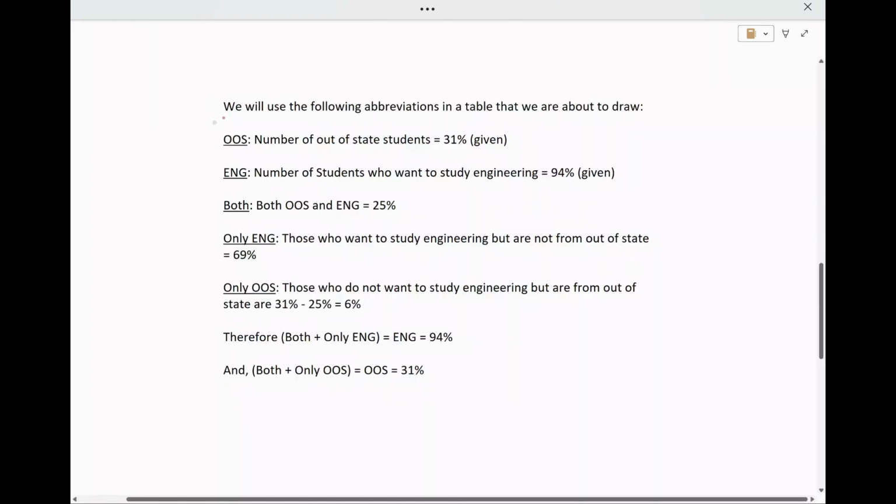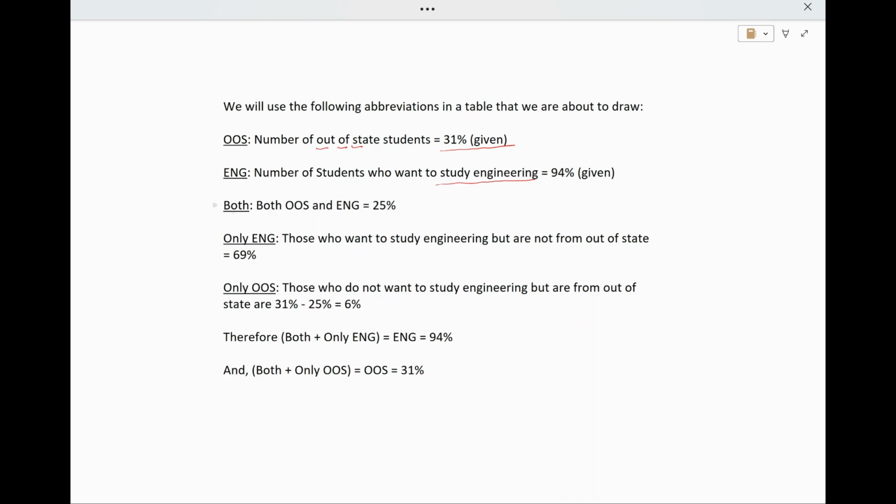We will use the following abbreviations in a table that we are about to draw. OOS, number of out of state students, which is 31%, that is given. ENG represents the number of students who want to study engineering, which is 94% and it is given.